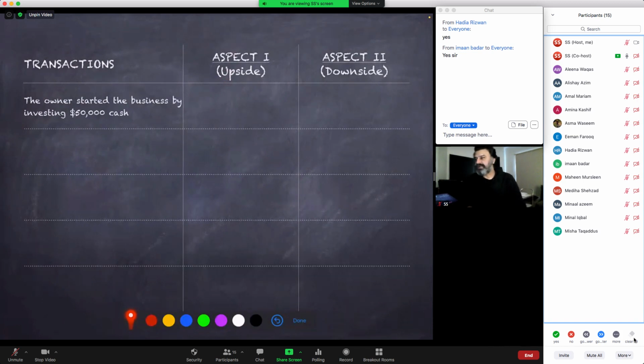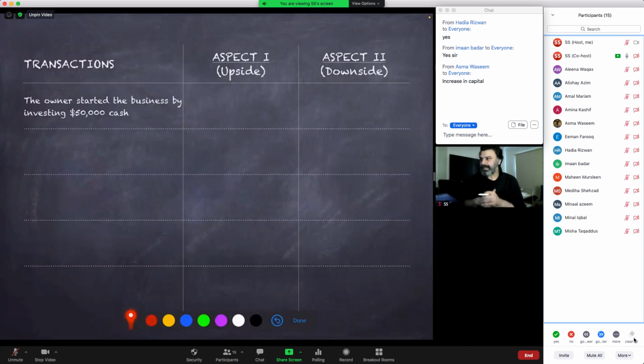What is the first aspect or the brighter side of the picture here, or upside here? You can write your answer in the text if you can identify it. Earlier we were only detecting effects, now we will also categorize those effects: does it represent the brighter side of the story or the darker side of the story?